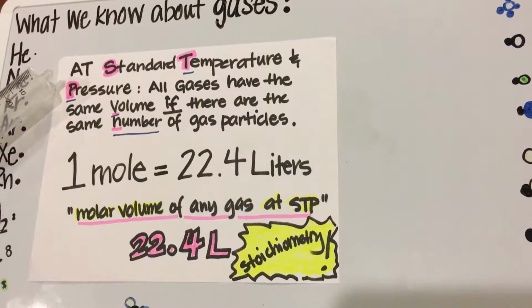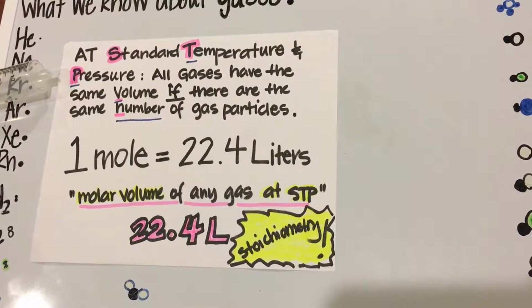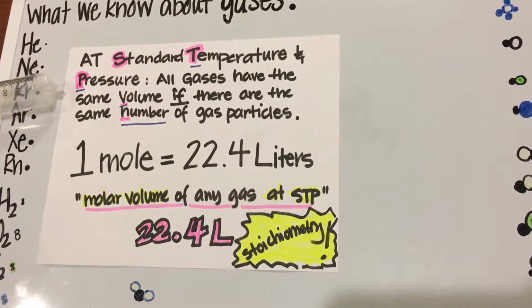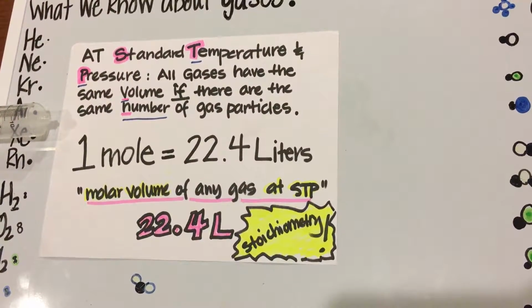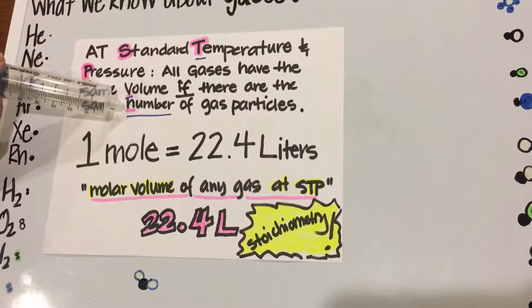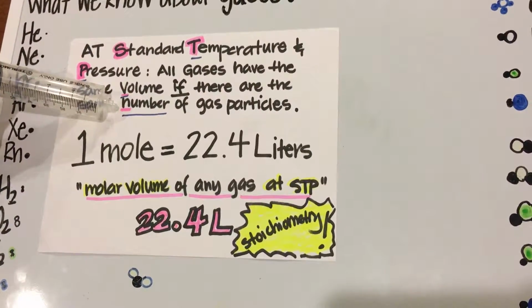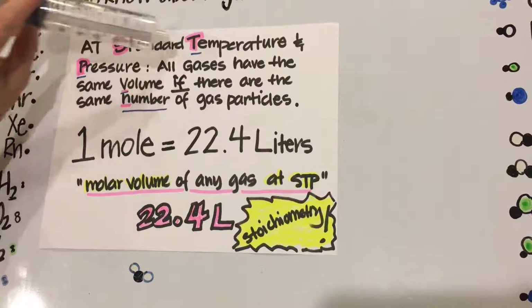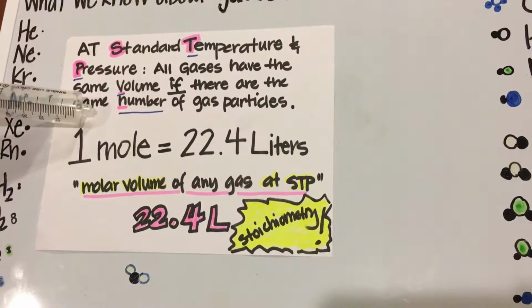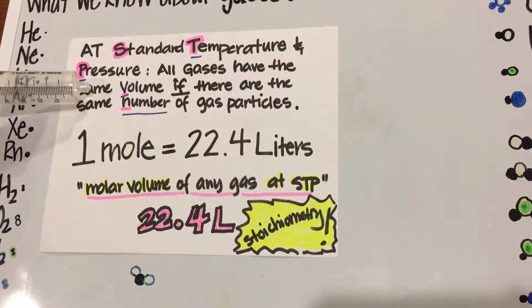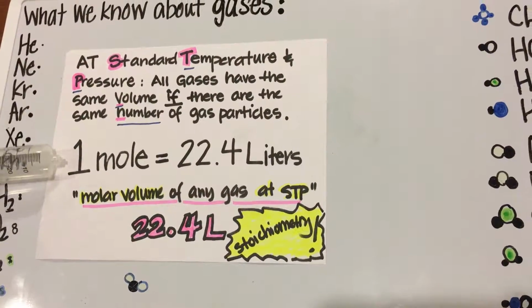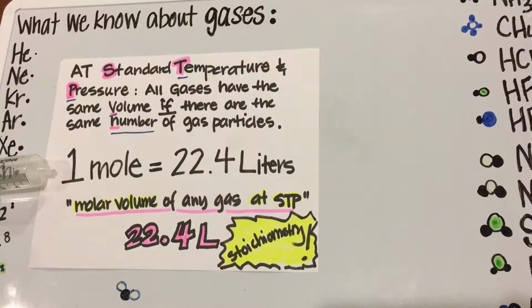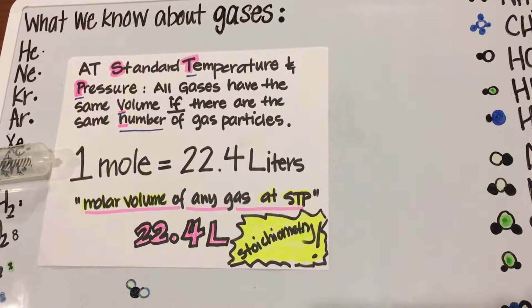At standard temperature and pressure, all gases, no matter what they are, will have the same volume if there are the same number of particles. So let's say I have 1 mole of gas particles at the same temperature and pressure as another mole of gas particles. They automatically will take up the same volume. That volume of that 1 mole of gas particles is going to be 22.4 liters.